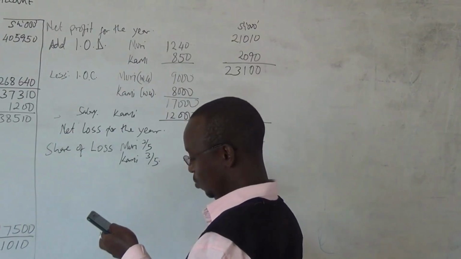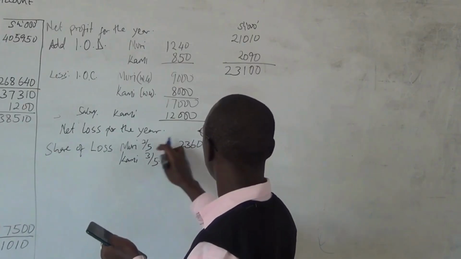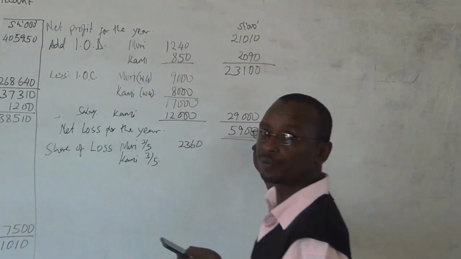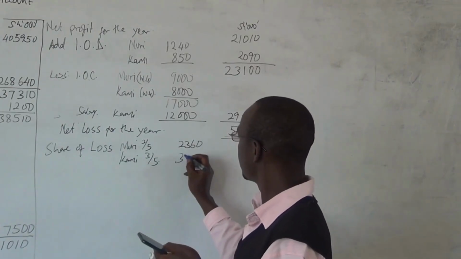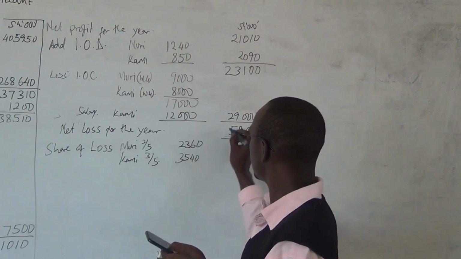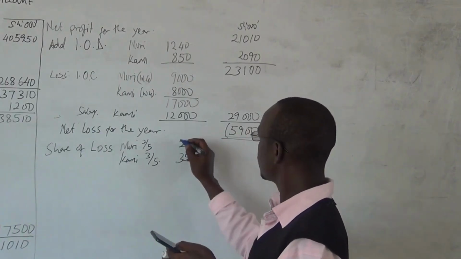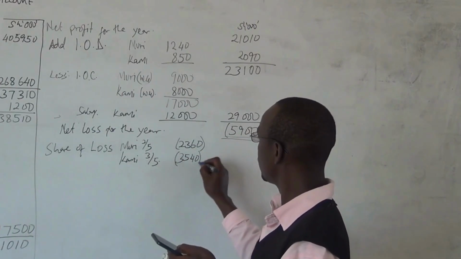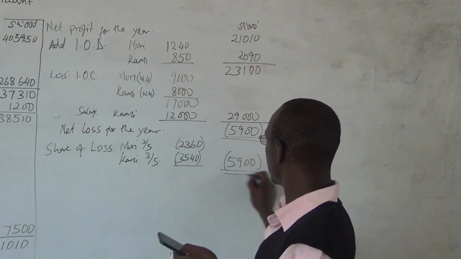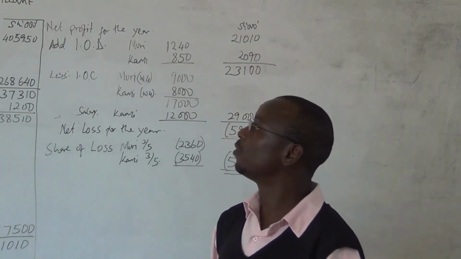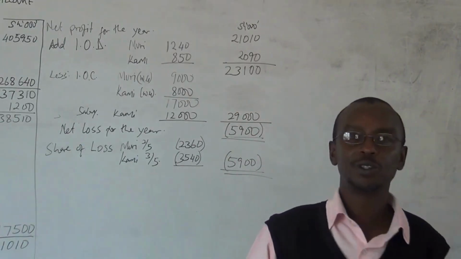Or 2/5 here is 2360, and 3/5 of this is 35 40, in brackets. So this one and this one, if you add, it will come to what? That is the statement of profit or loss and appropriation.